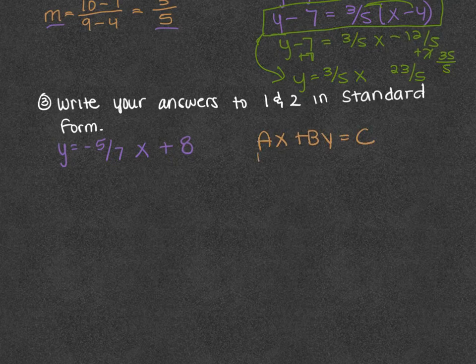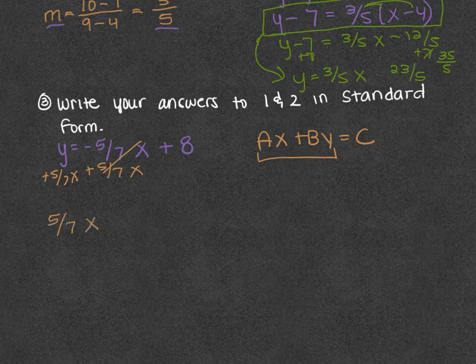The first thing I want to do is get my x's and y's on one side of the equation. I already have my y on the left. I'm just going to add over my x to both sides. So I now have 5 over 7x plus y equals 8. All of my variables are in the correct place.